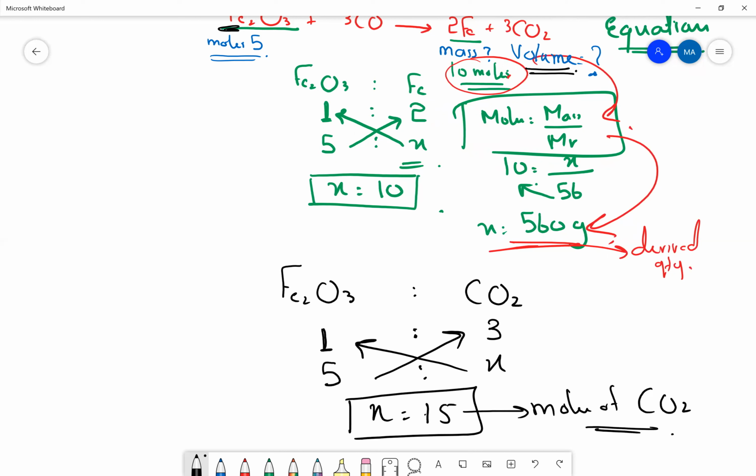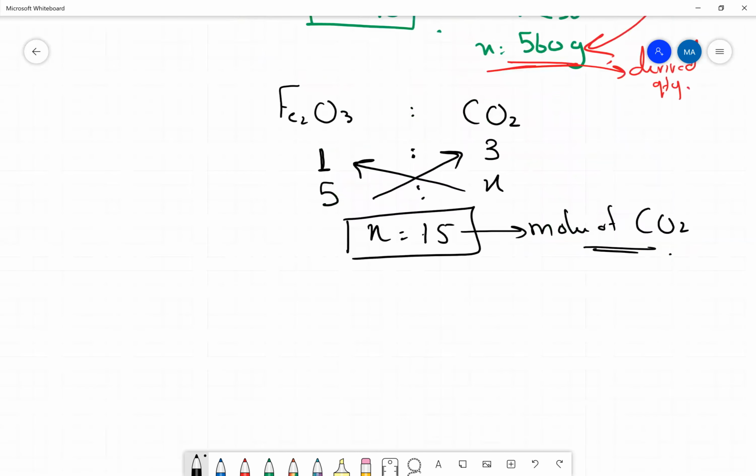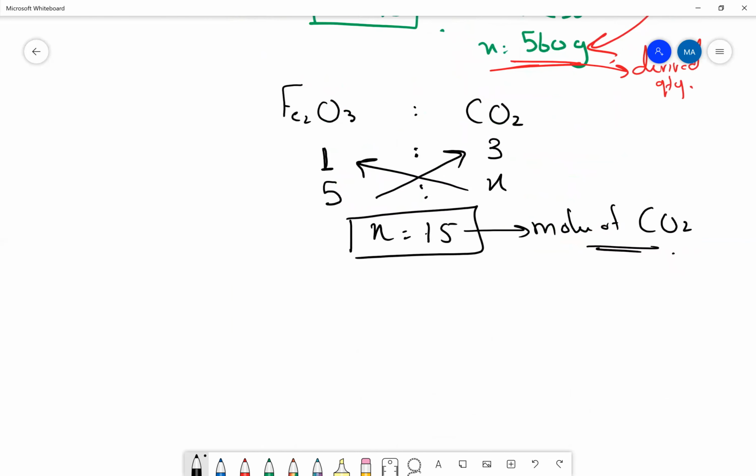Again, the question doesn't need the moles, but the question wants you to find the volume. So what should we do now? I use the third formula. Absolutely. We're going to use the third formula. Um, is it third or fourth? The concentration one? We don't know the concentration, so how can we use that formula? Oh, then the fourth formula. The fourth one, yeah. So volume is equal to moles times 24 dm cube.